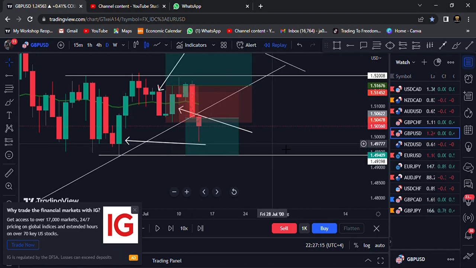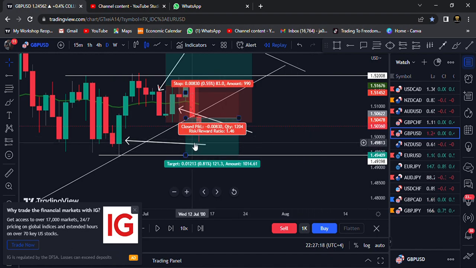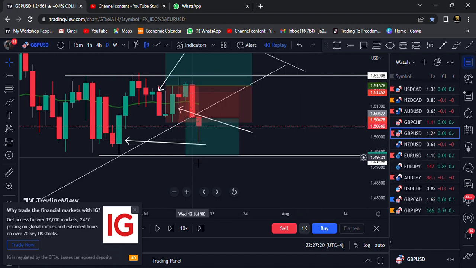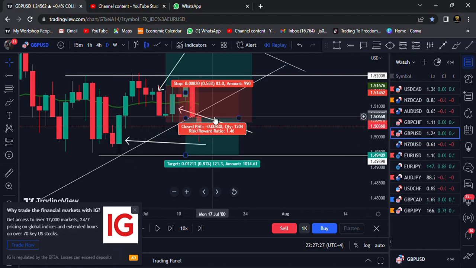So the market actually went down into profit but did not hit our target, and obviously it's not gonna hit because we're still kind of looking at a buy here.